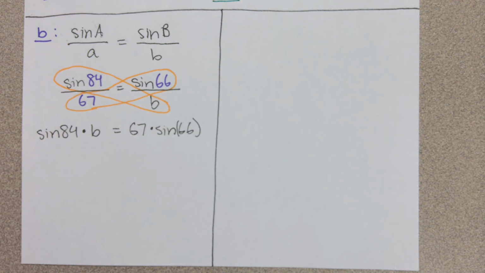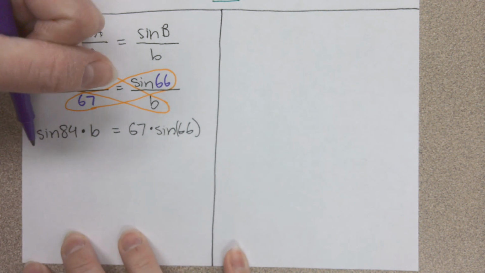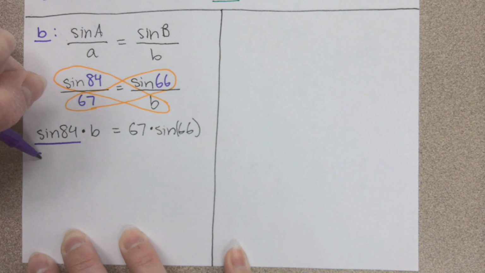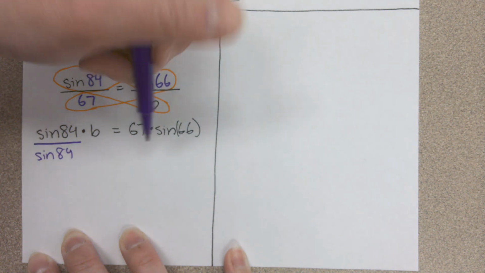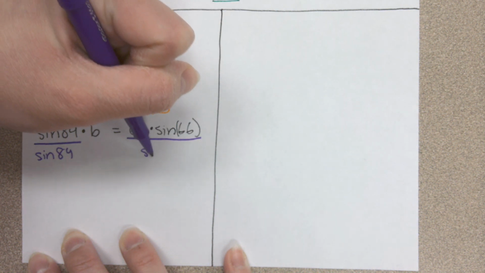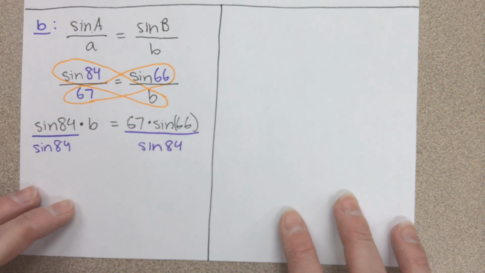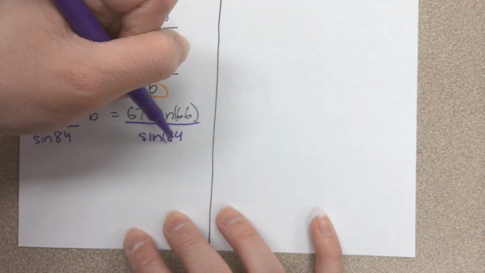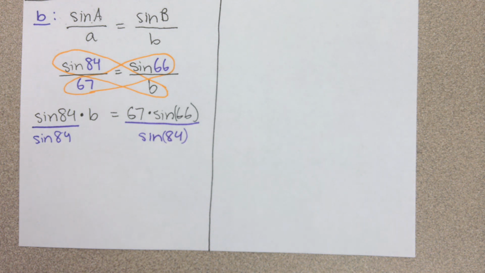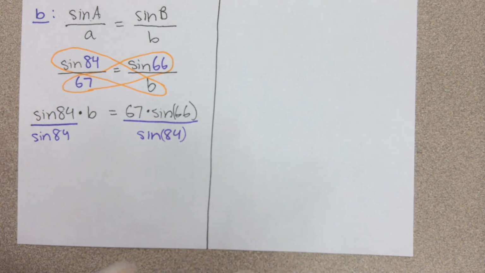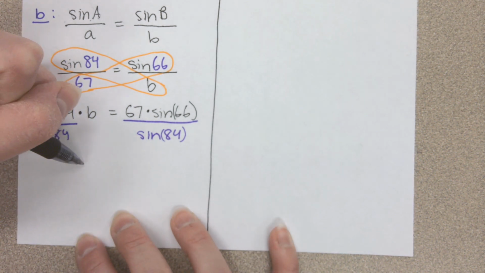We have multiplication, so the opposite is division. We will divide off that sine of 84 on both sides. So clearly this is going to cancel over here, and we're left with b.